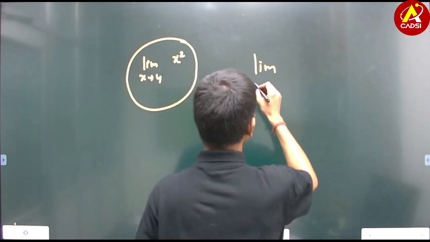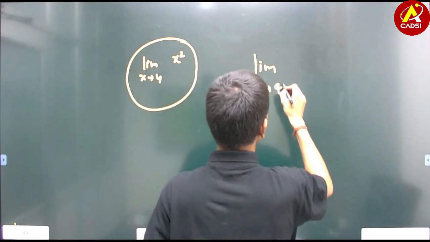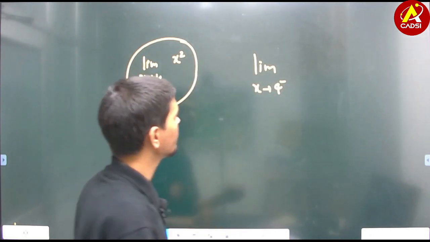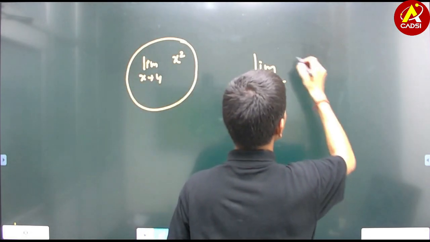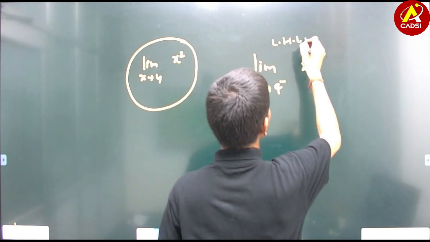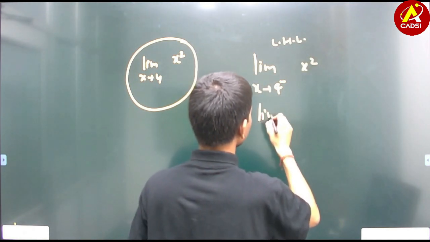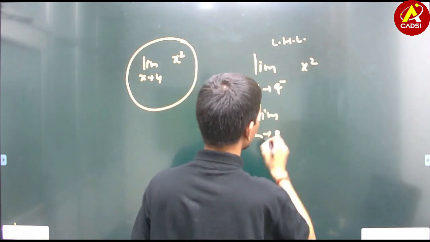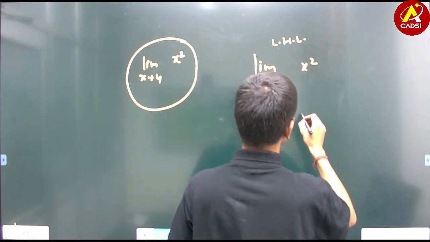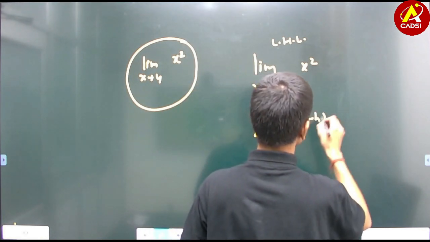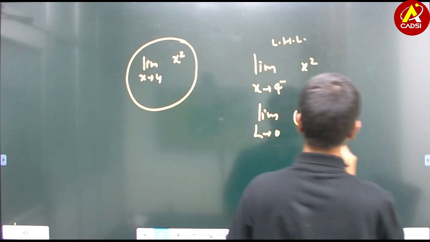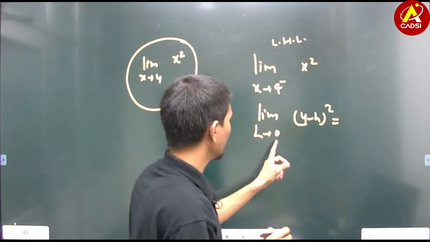So the left hand limit of x square: limit h tending to 0, (4 minus h) square.